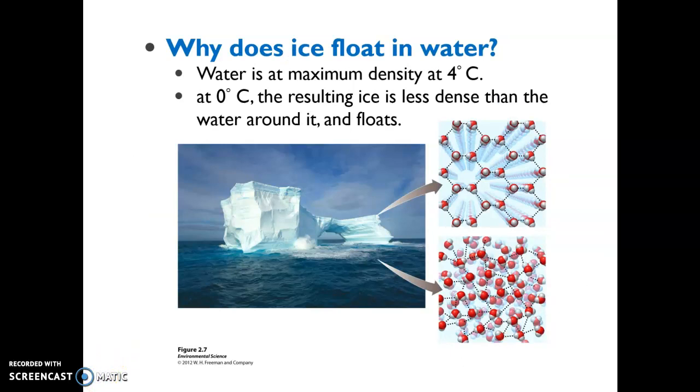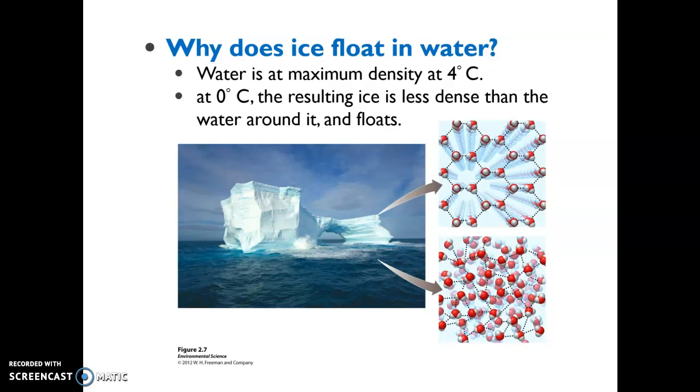So when your pond freezes over in the winter, if ice didn't float, that ice would then sink to the bottom of your pond. And the next winter, more ice would form and it too would sink to the bottom of the pond. Eventually, you would have ice throughout your pond because it wouldn't have enough at the surface to melt each season.